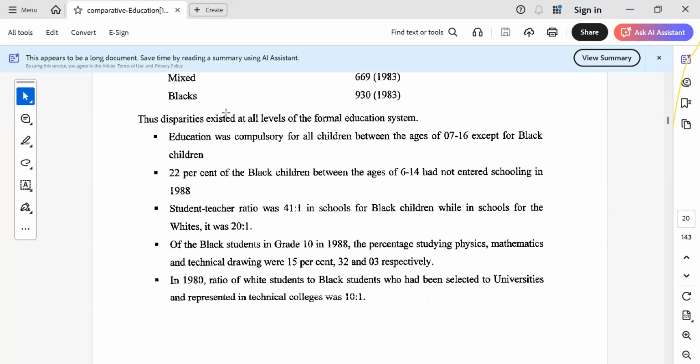In 1980, the ratio of white students to black students selected for universities and represented in technical college was 10:1. That is 10 white students to 1 black student.